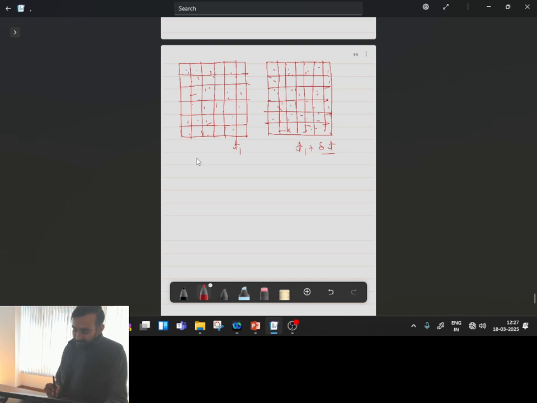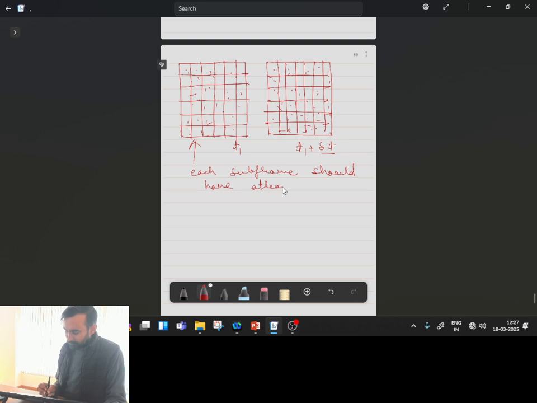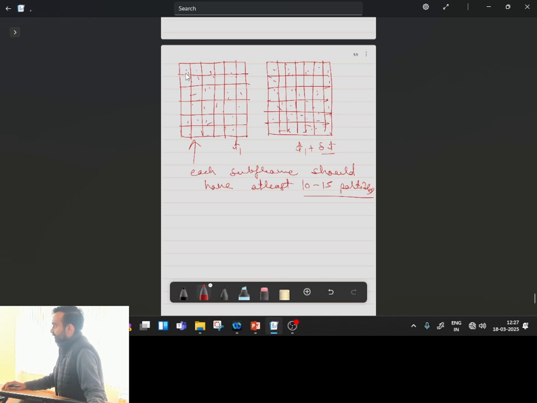Now this grid is selected in such a way that each subframe should have at least 10 to 15 particles. Is this one clear? So each subgrid we will choose in such a way that each of these spaces should have 10 to 15 particles in each.